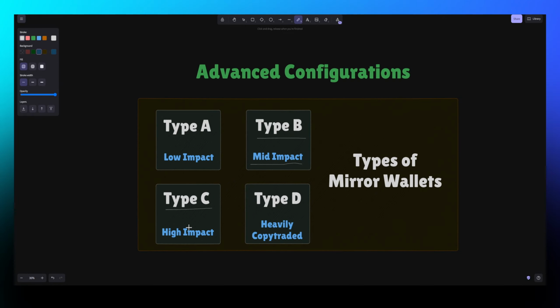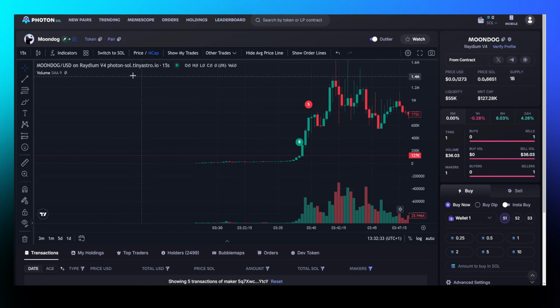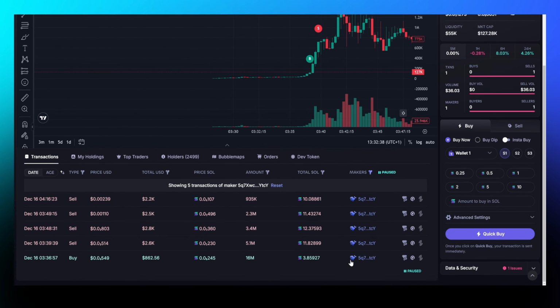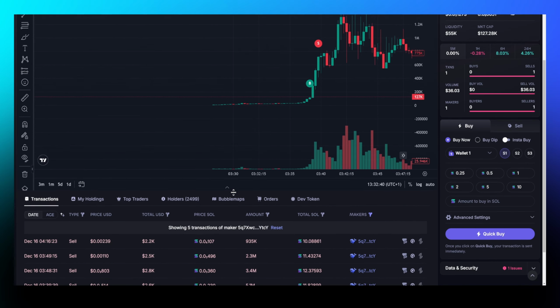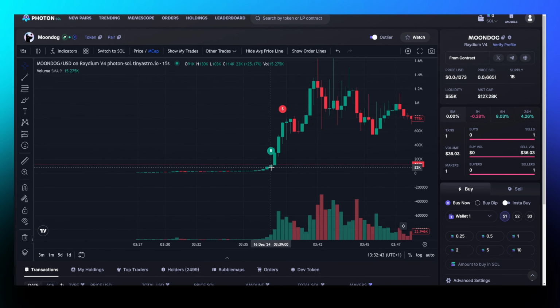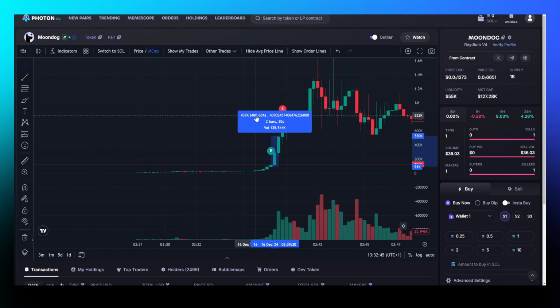Moving on to the type C, we have those wallets who cause a high price impact. For example, keeping in a 15 seconds time frame, we're gonna see that this wallet bought almost 4 Solana, and after it did, it caused around a 480% spike within the 30 seconds of this token.